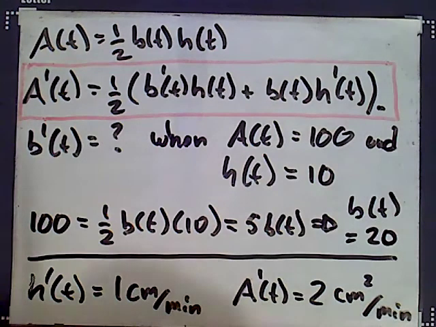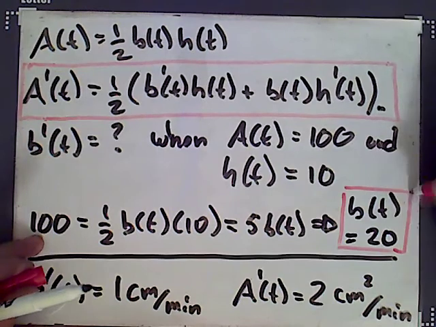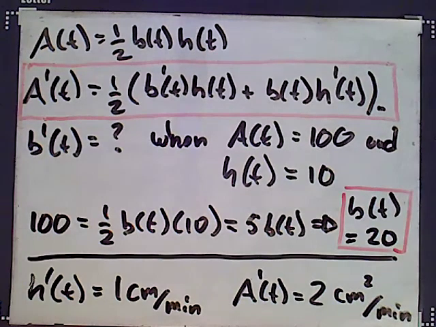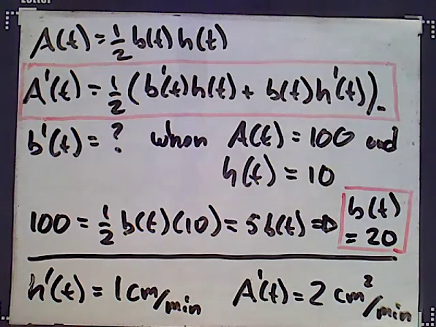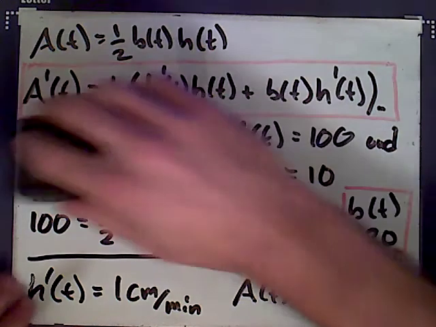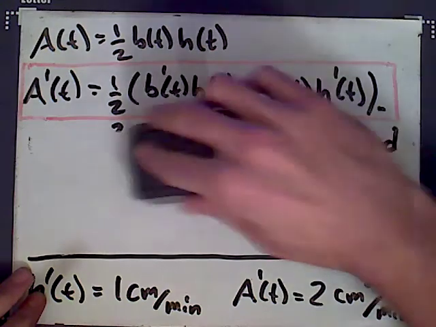So we just solved for the base when the area is 100 and the height is 10. That was the missing piece we needed to fill into this formula up here. Let me erase this. We're going to plug everything in.